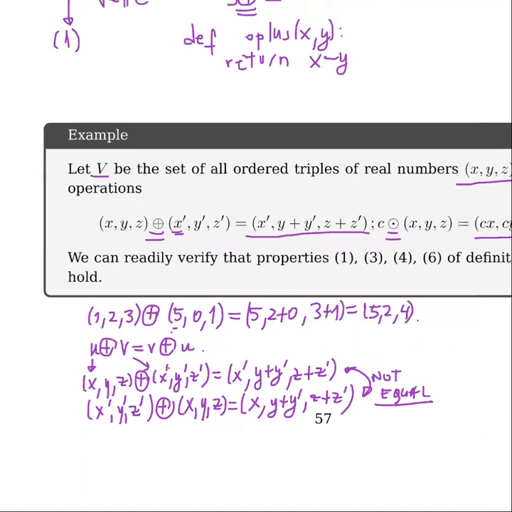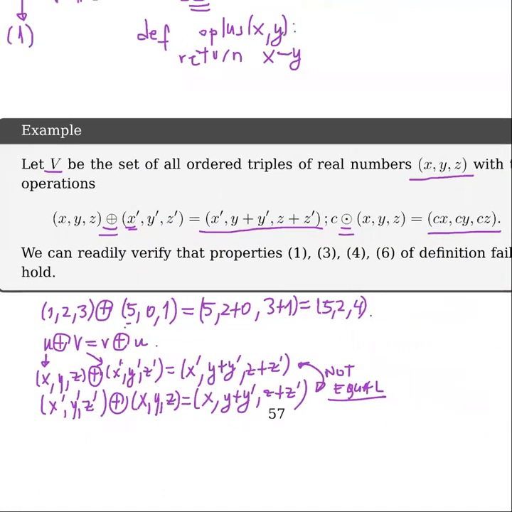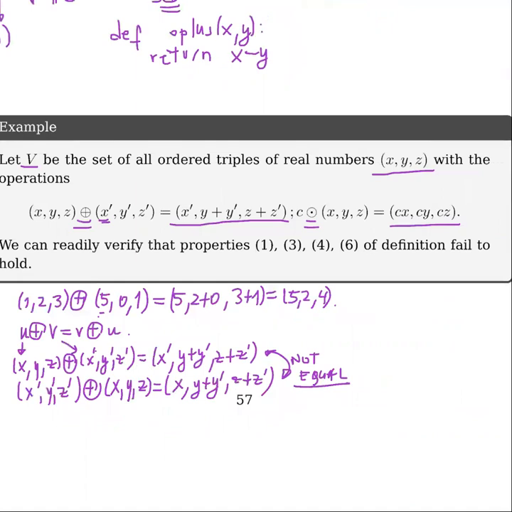That's the important thing. So let's look at this one. If I change the order, you see I will get a different result, right? If I ⊕ this (5, 0, 1) ⊕ (1, 2, 3), then the result is now (1, 2, 4).